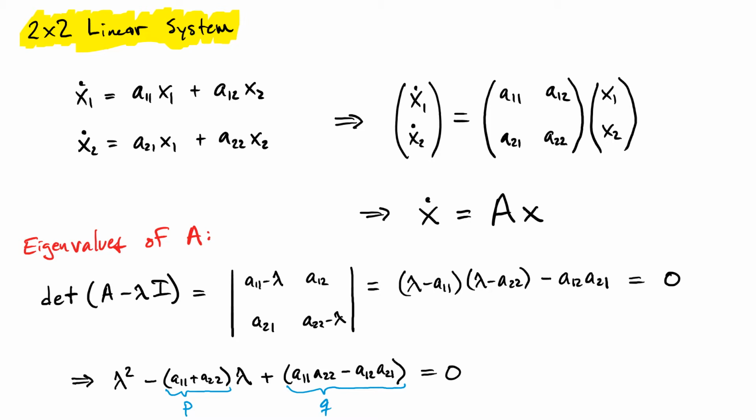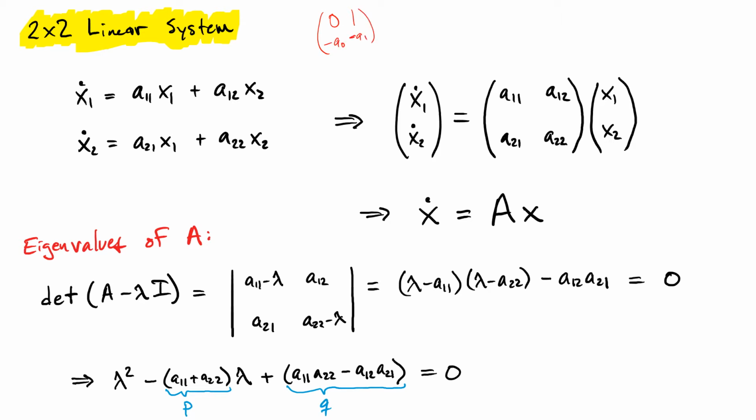When we started off with a second order differential equation and then wrote the state space form, we had a particular structure to that A matrix, one that looked like 0, 1, minus A0, minus A1.